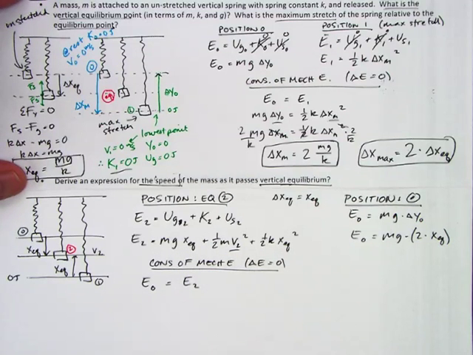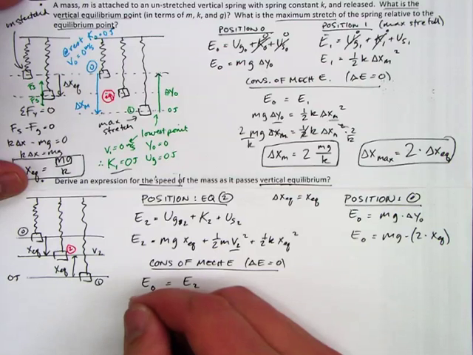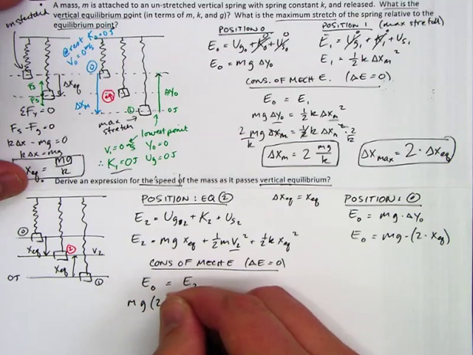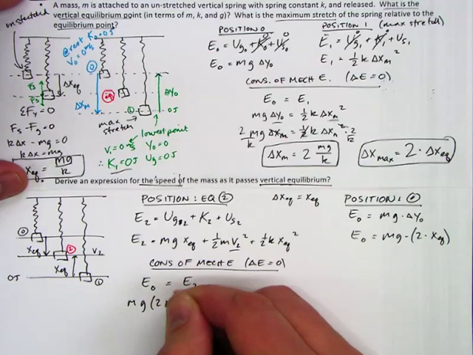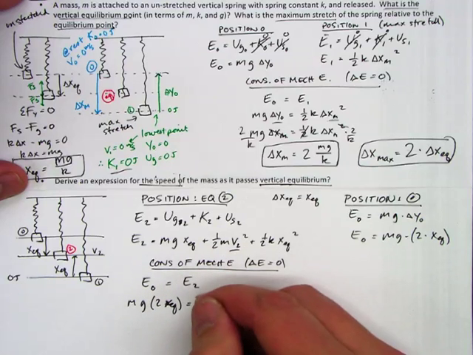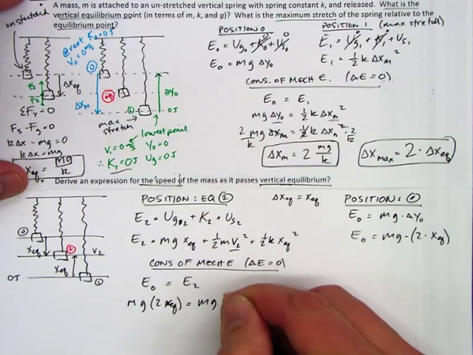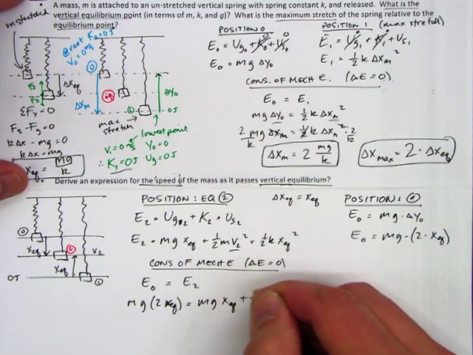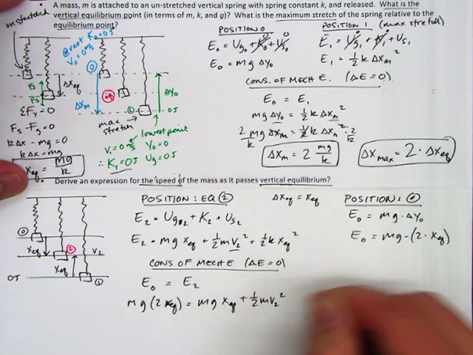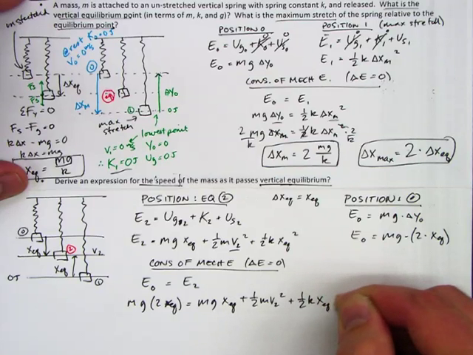And so I'm going to set this up as mg times 2 x equilibrium has to equal mg x equilibrium plus 1/2 m v2 squared plus 1/2 k x equilibrium squared.